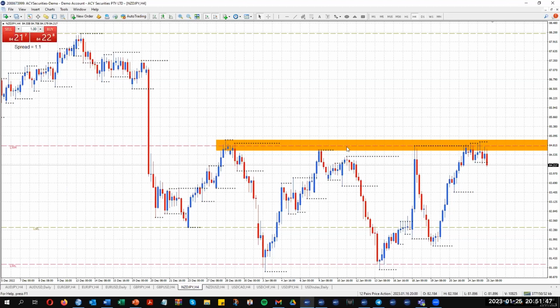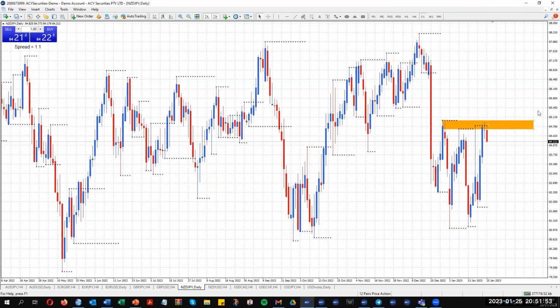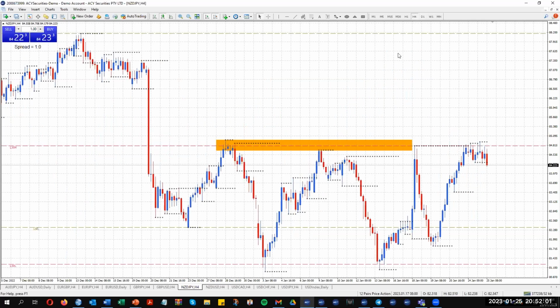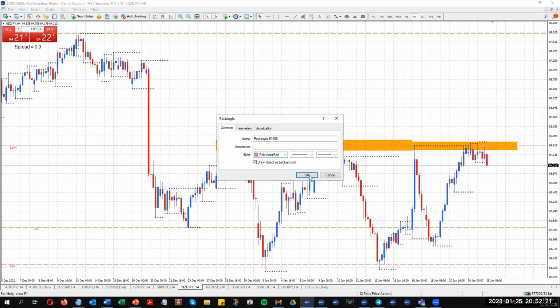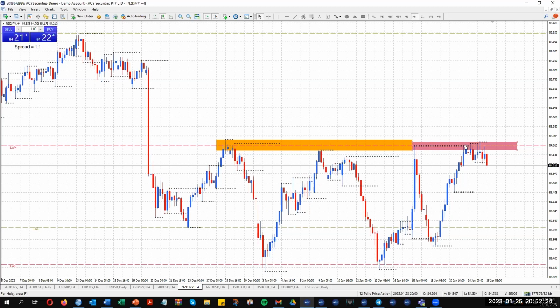I could refine things if I wanted to. Daily resistance is that level. And that's 4-hour resistance there.